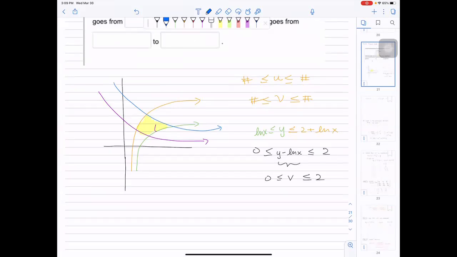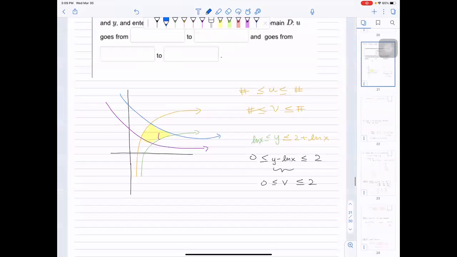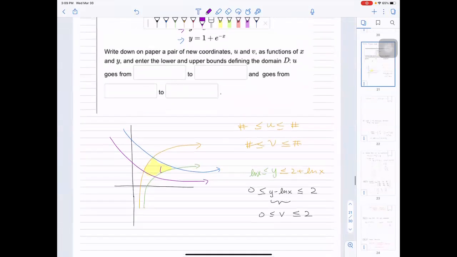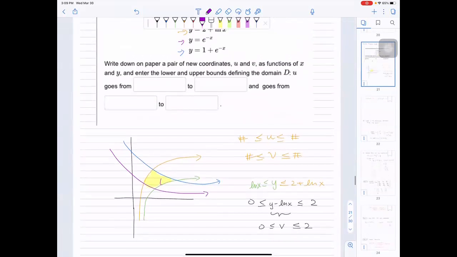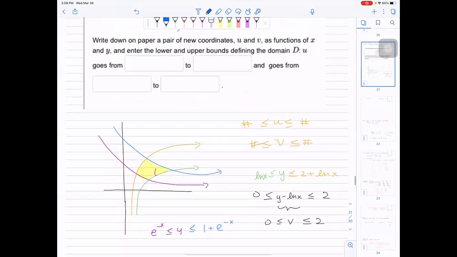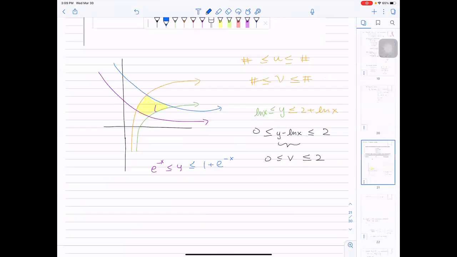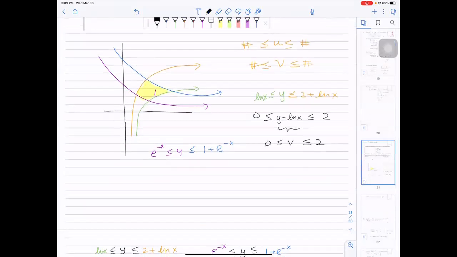As someone suggested, we should also relate the blue and the purple. So the purple, y is greater than e to the negative x, and the blue one is 1 plus e to the negative x. If we subtract both sides by e to the negative x, we get y minus e to the negative x. On the left side, we're left with 0. On the right side, we have 1.